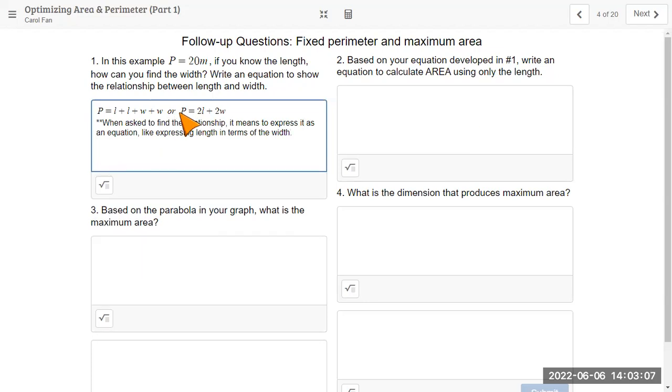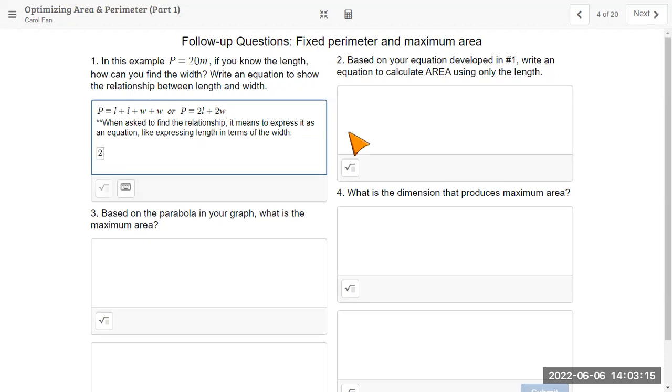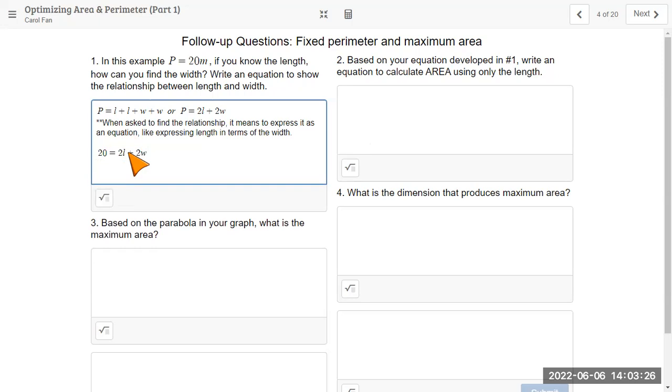So let's use this second equation here. P is equal to 2L plus 2W. Now I know that P is 20, and 2L plus 2W is equal to the 20. So if I want to express this as an L, I can rearrange this equation.